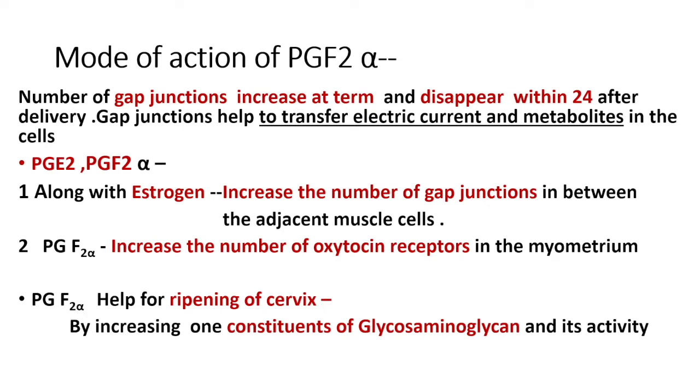Prostaglandin F2 alpha also increases the number of oxytocin receptors in the myometrium, and prostaglandins also cause ripening of the cervix by increasing one of the constituents of glycosaminoglycan in the cervix and its activity also.